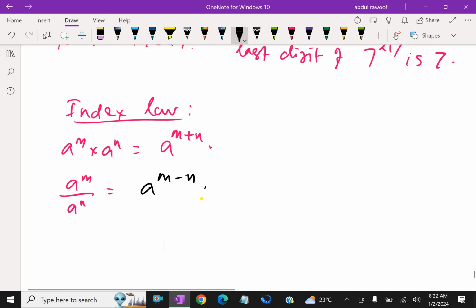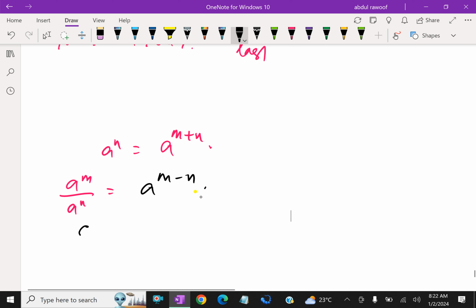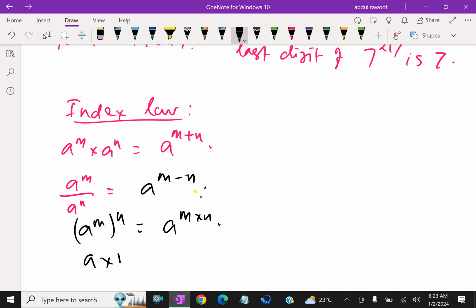Then a power m, whole power n, is equal to a power mn, that is, the powers are multiplied. The next one is a into b, whole power n, which is equal to a power n into b power n.